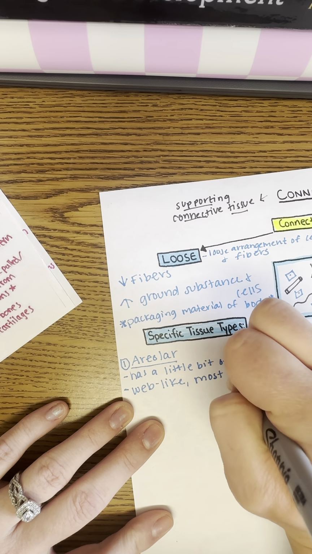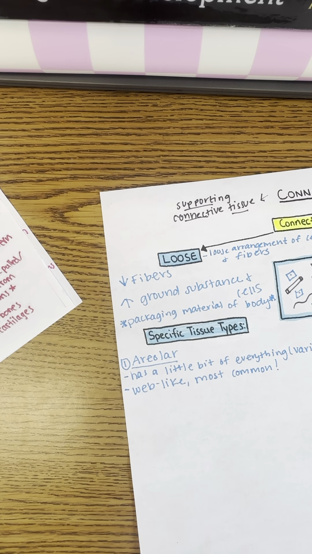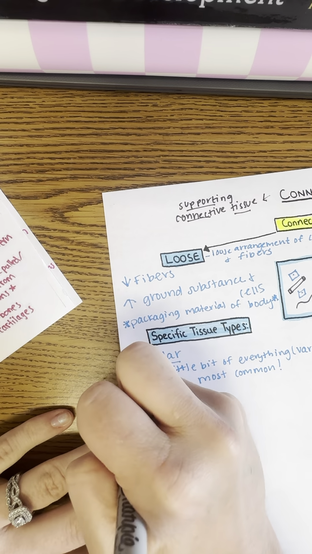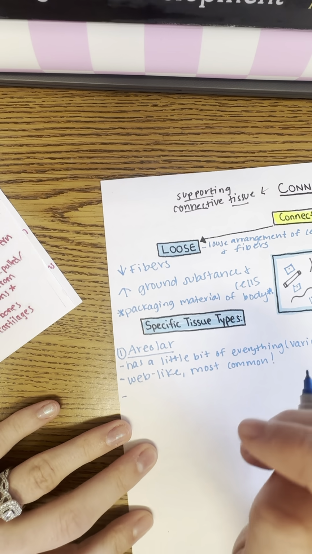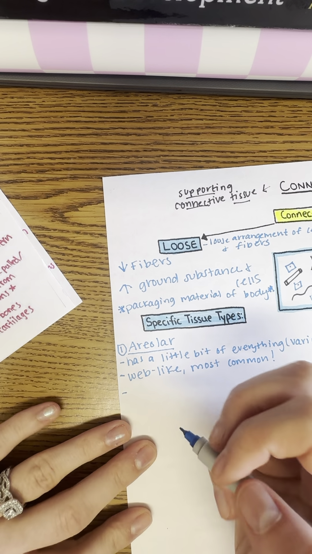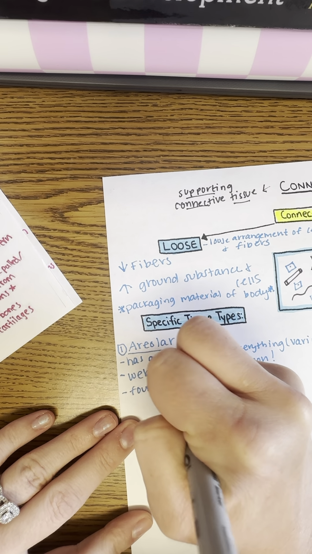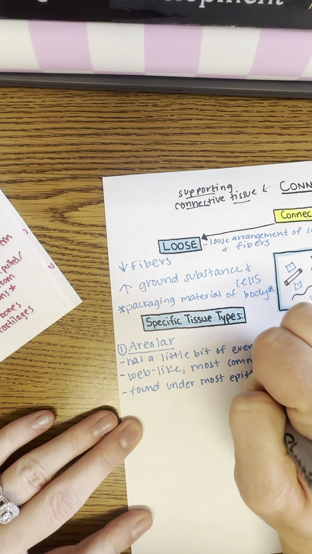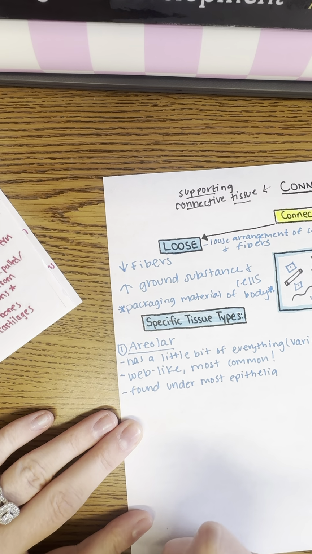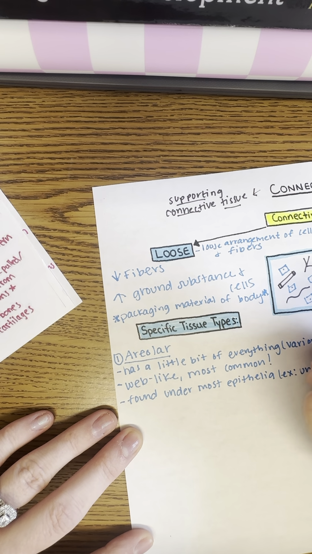It is the most common type of loose connective tissue. We are going to find this type of tissue under most epithelia. So remember, we talked about epithelial tissue in our last unit. As an example, we would see this under the epidermis.